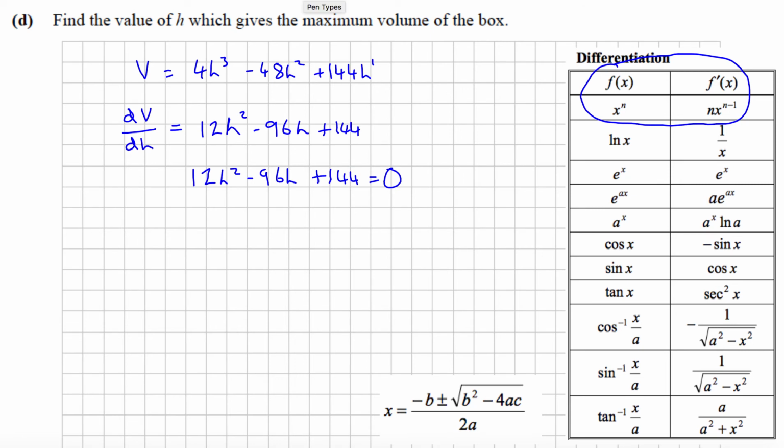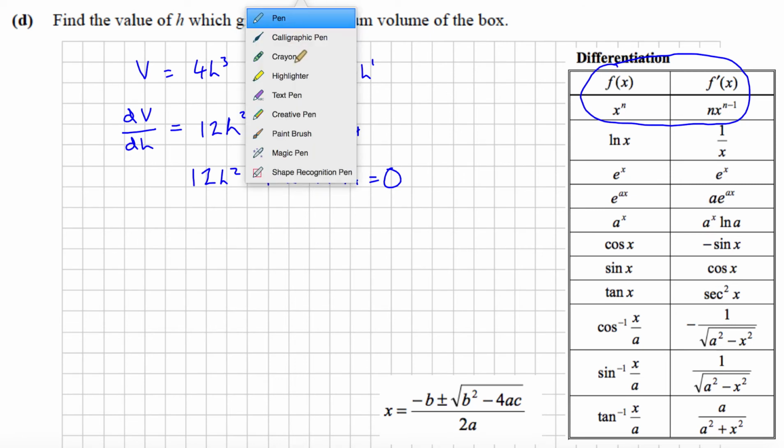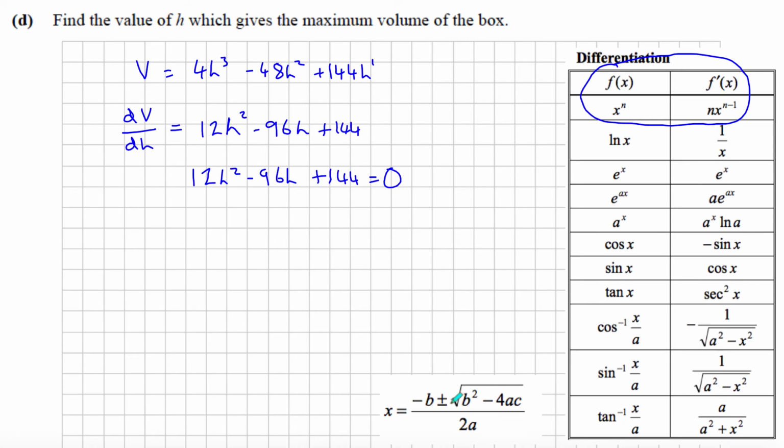So I'm just going to use the quadratic formula, which I've also taken from the tables book here. So my a value will be the number in front of h squared, which is 12. My b value will be the coefficient of h, the number in front of h, and the c value will be the constant at the end.